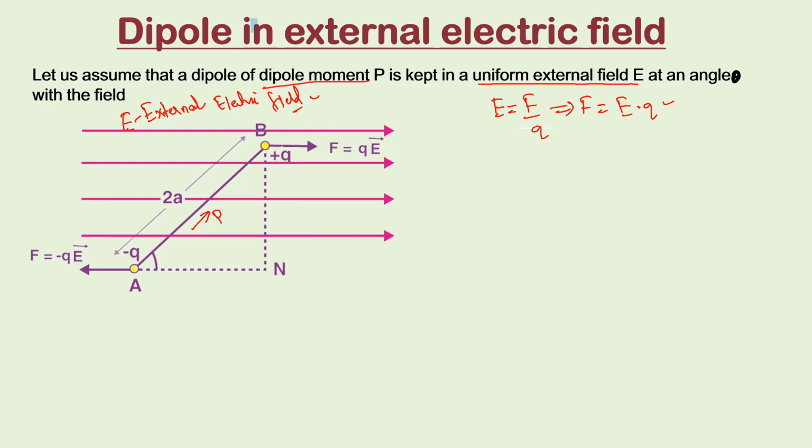When a negative charge is placed in external electric field, the force acts in the opposite direction to the external electric field. The direction is the same for positive charge and electric field.